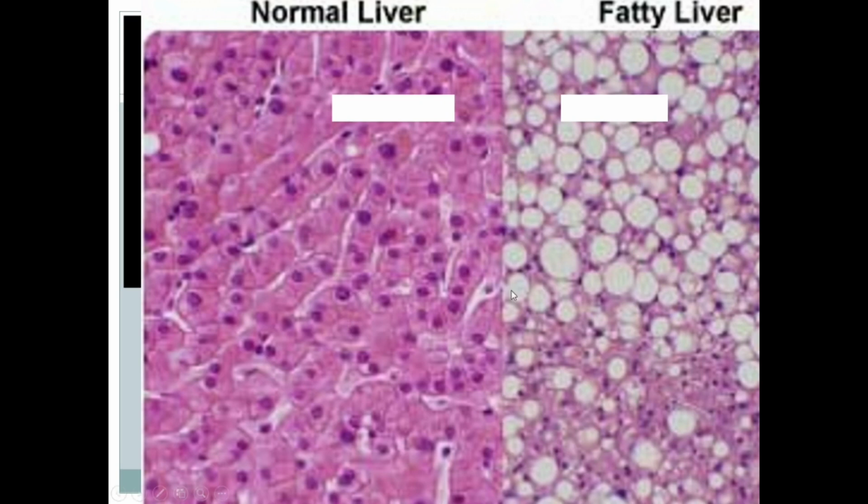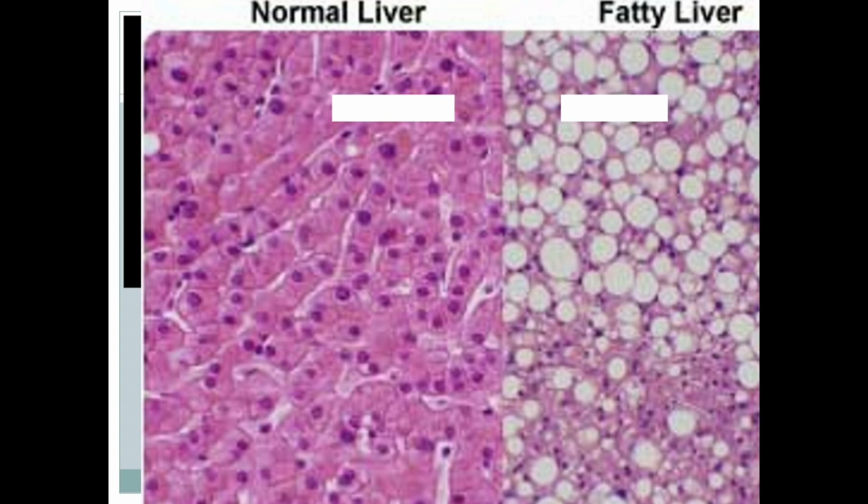Remember here on H and E, fat always is colorless. It's not because they don't take up the stain, sorry. It's because when we process tissues for pathology, we process it through alcohol. The alcohol takes up all the fat, and the fat is lost.